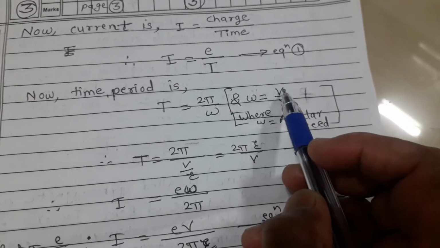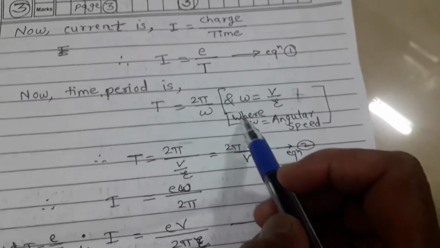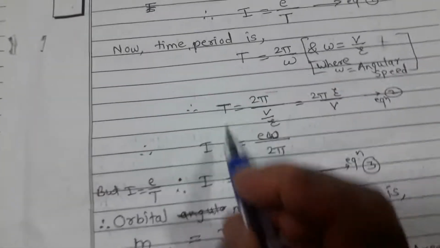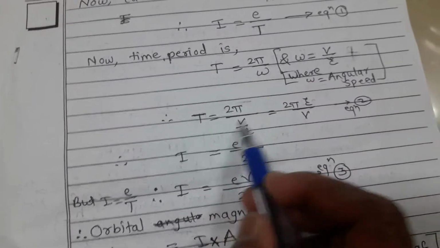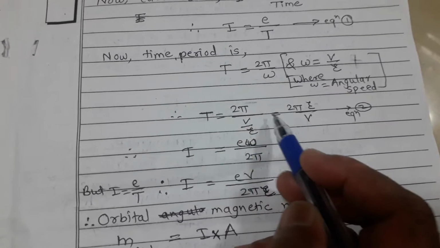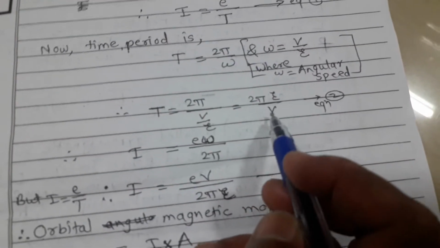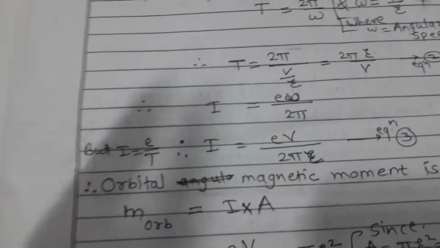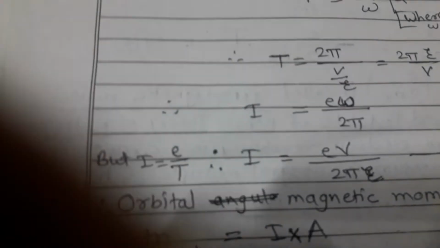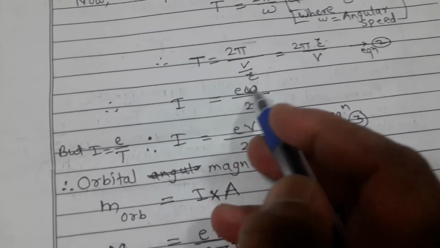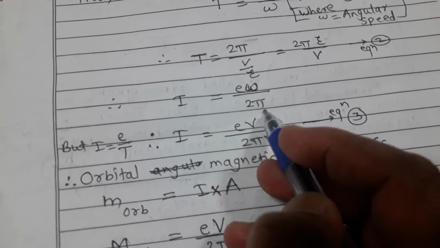Omega is equal to v divided by r, where omega is angular speed. Now see here, T is equal to 2 pi divided by omega, but omega is equal to v by r. Therefore T is equal to 2 pi r divided by v. Now, therefore, next step here, I is equal to e into omega divided by 2 pi.